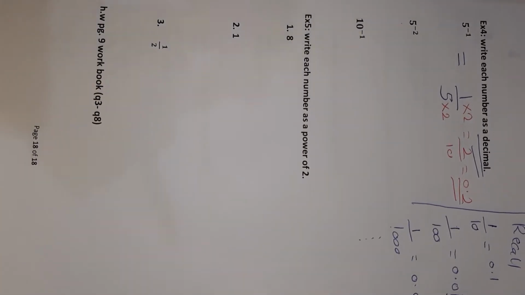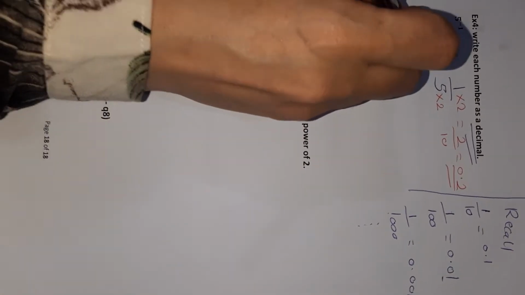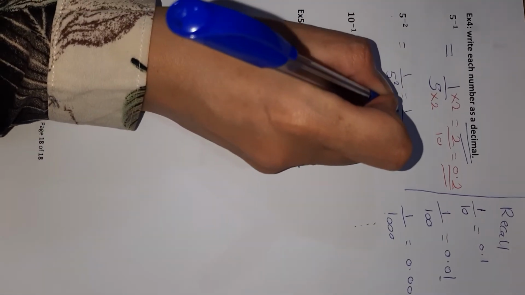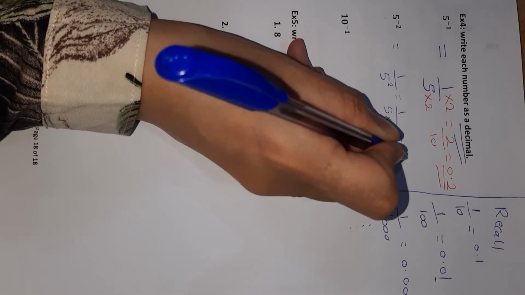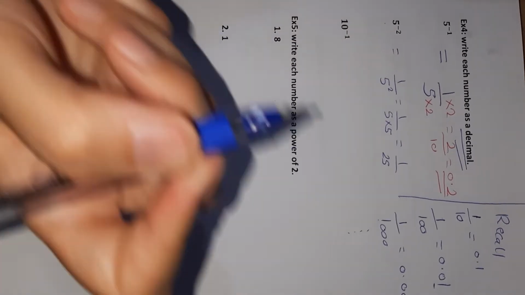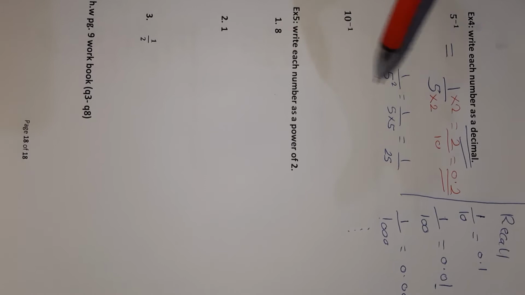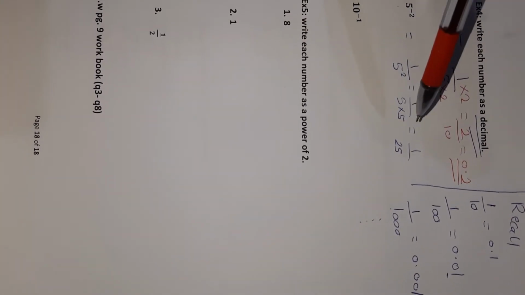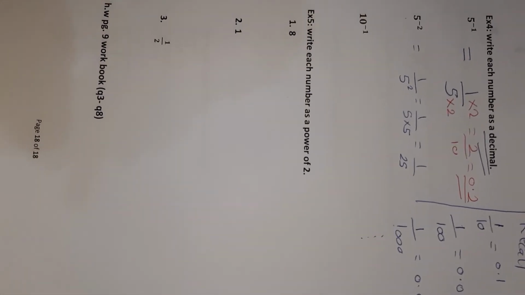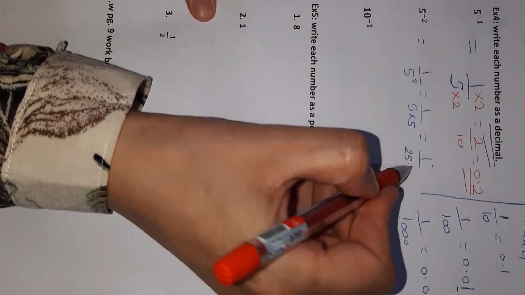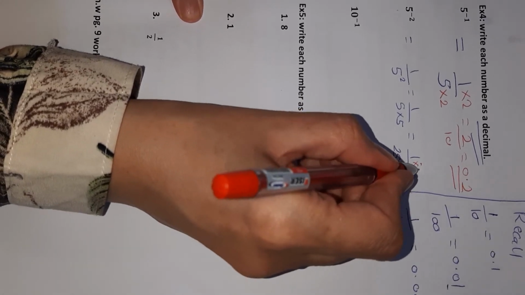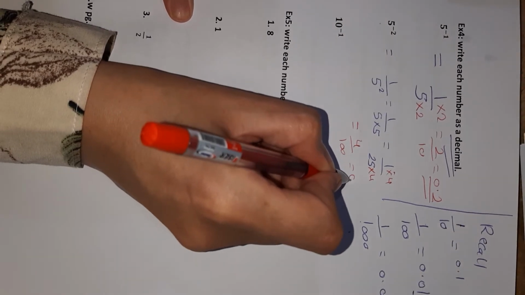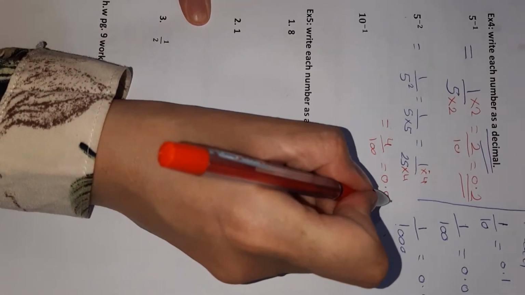Now the second one. 1 out of 5 squared means 1 out of 5 times 5, which equals 1 out of 25. Can I change 25 into 100? Yes, by multiplying 25 by 4. So multiply both top and bottom by 4, which gives 4 out of 100, equals 0.04.